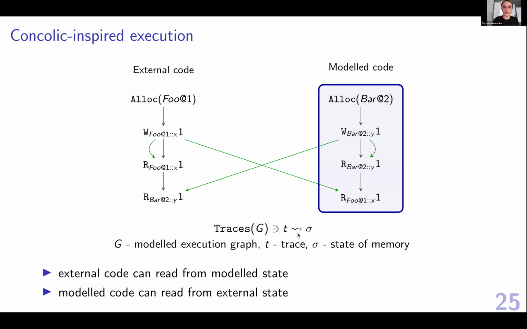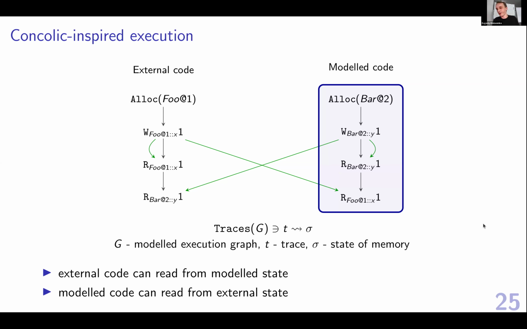So in essence, we can pick one representative trace of the program from this set, and see, if we were executing this trace, what state of the memory we would arrive at. The way we do this, we always maintain the actual state of the memory according to this virtual state that we would have if we executed the trace of the program that we chose.